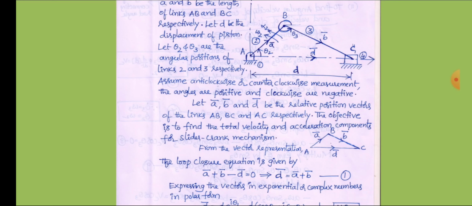But what are these A bar, B bar, D bar? These are the three relative position vectors, which can be represented using complex numbers. So D bar is equal to D into e power i theta 1.